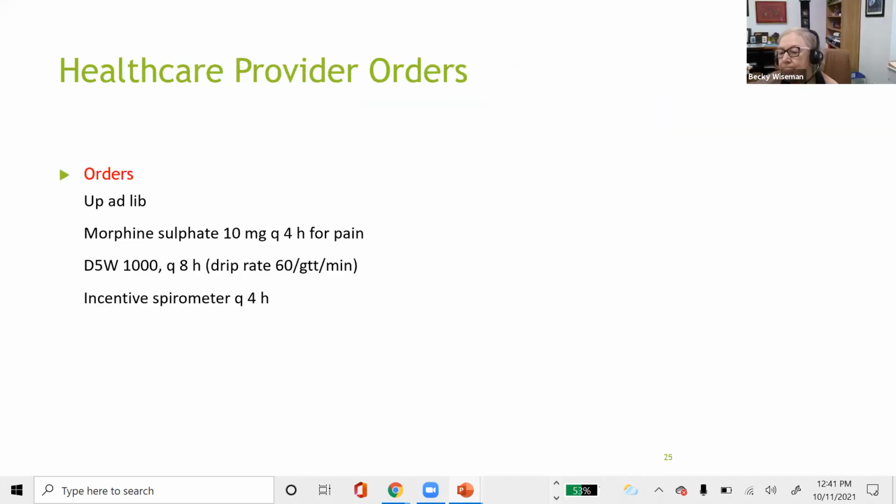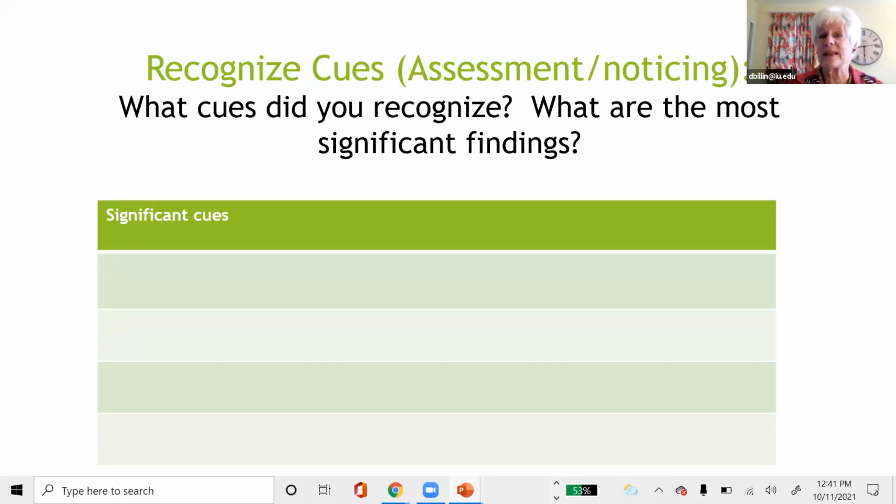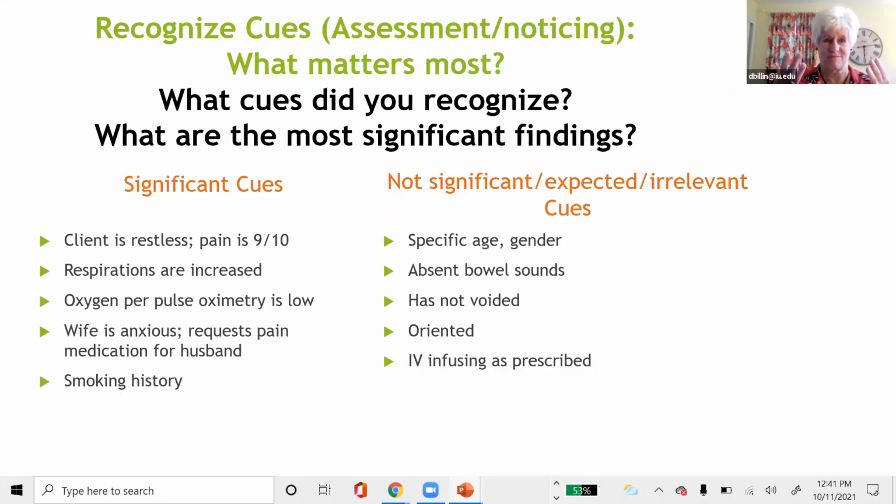You made a great list, everybody, and I'm going to say what I'm thinking were our significant cues, because this is what the student really needs to pull together. You noticed the restlessness and the pain and increased respirations and the pulse ox, the O2 level is low.